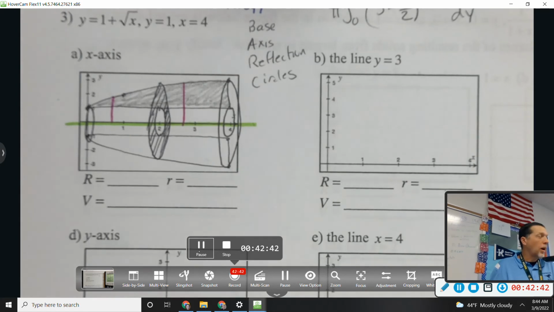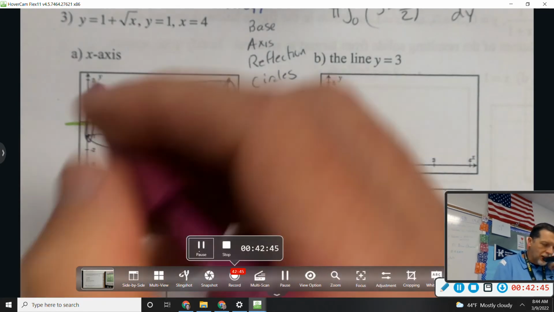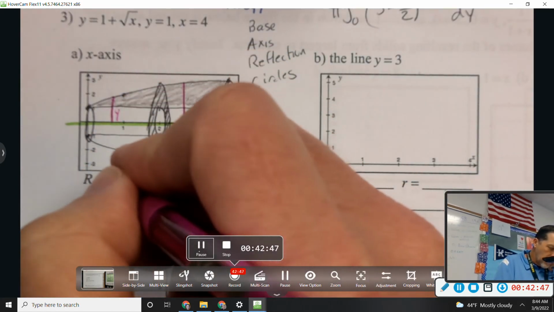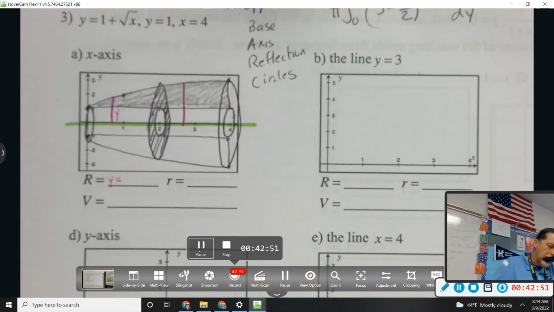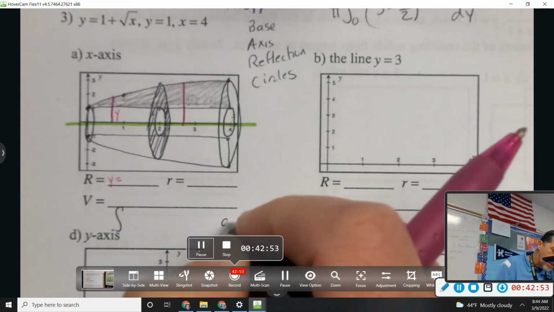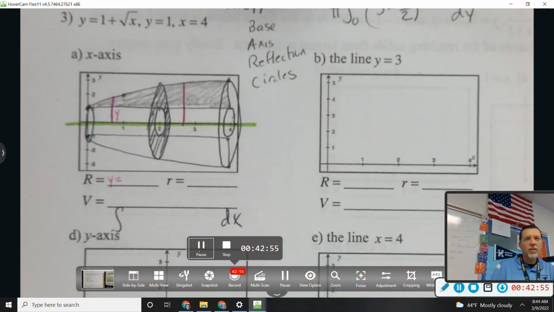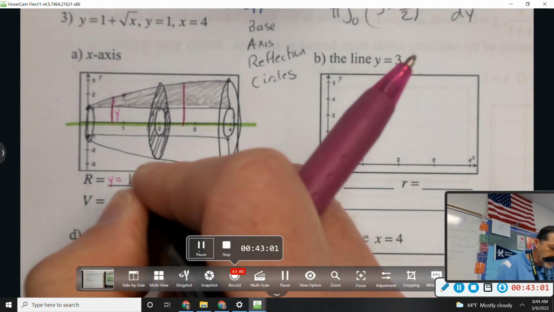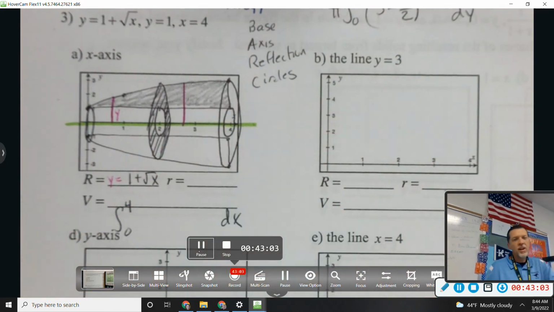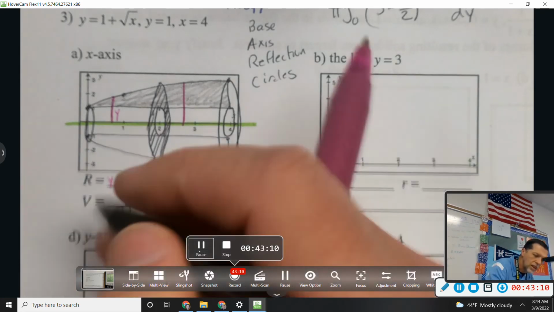It is a y value, but since I'm slicing dx, my washers are stacked up in the x direction, so I need to use 1 plus square root of x. So it's not really wrong to call it y. It's just that won't work when it comes to the integral part.